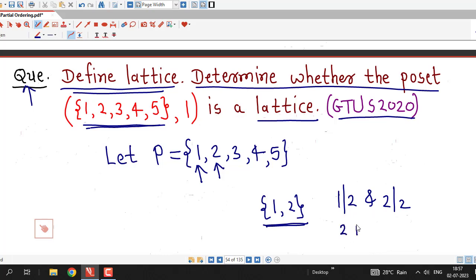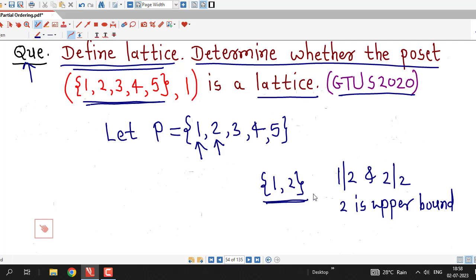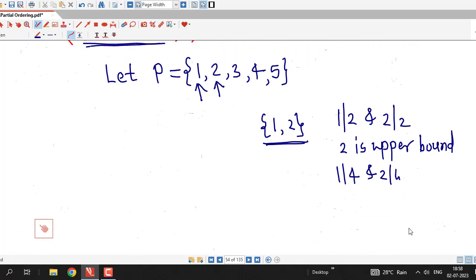Therefore 2 is an upper bound of this set having two elements 1 and 2. Similarly, if we take 4, then 1 divides 4 and 2 divides 4. Therefore 4 is also an upper bound of this subset, and therefore there are two upper bounds.